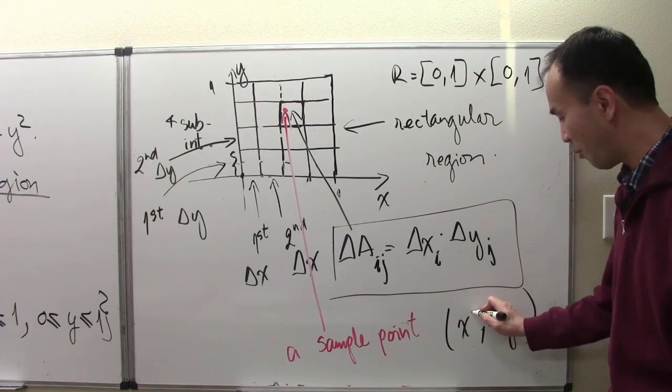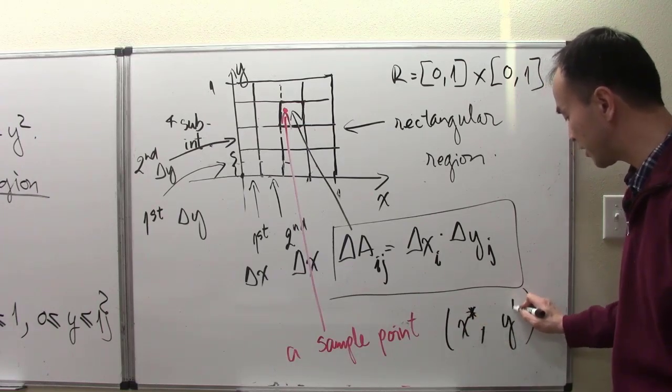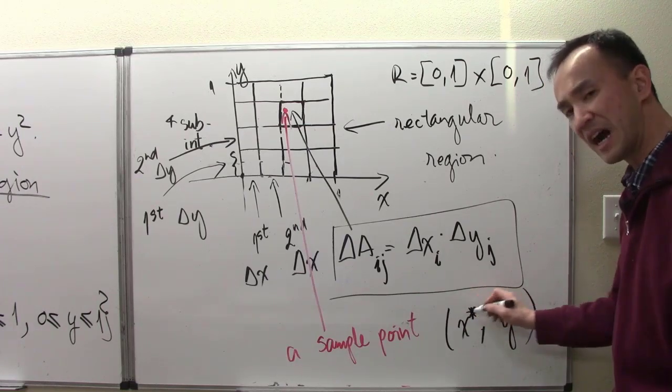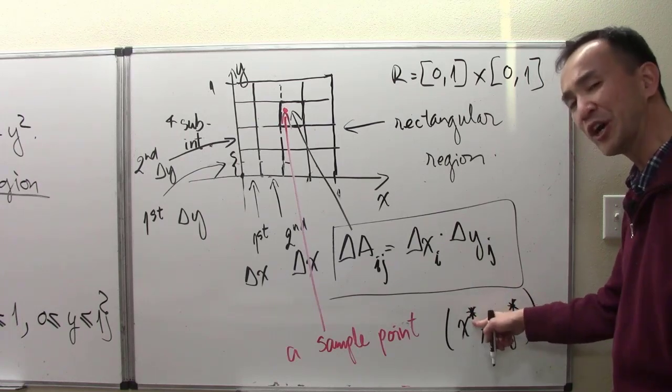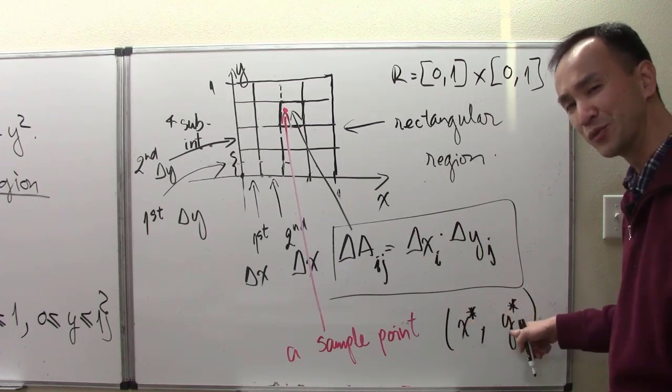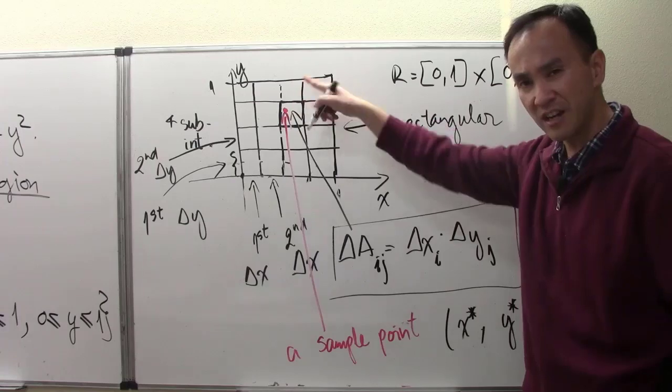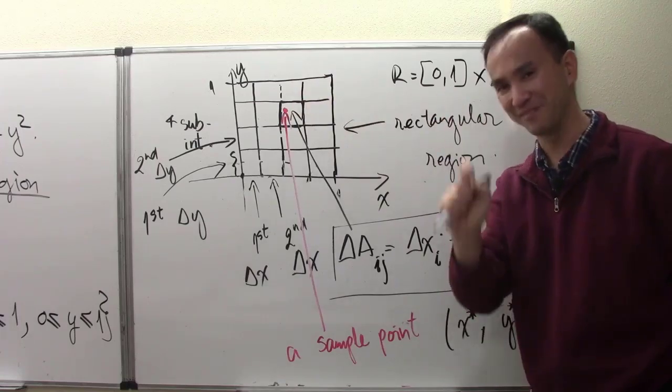Being a sample point, it's a point that we choose. So I and many textbook authors use a star here to indicate it's a point that we choose that belongs to one subpartition.